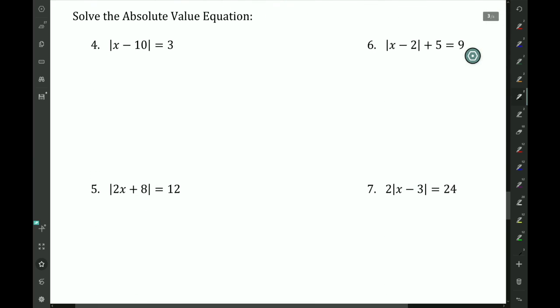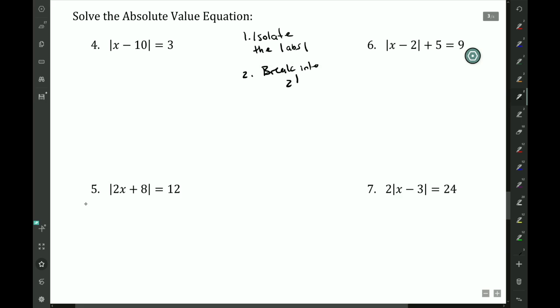Absolute values, the other little topic for today. The first thing that students always forget to do is 1, isolate the absolute value bars, and 2, you have to break into 2 problems.